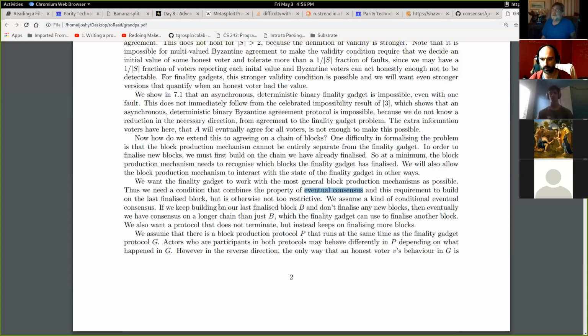Yeah, this is all about chains. If your current fork choice doesn't include a finalized block, then you have to change your current fork choice to one that does include the finalized block.